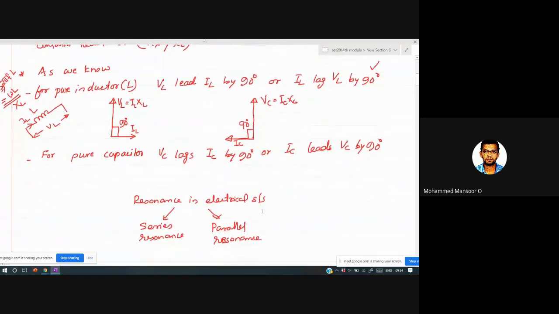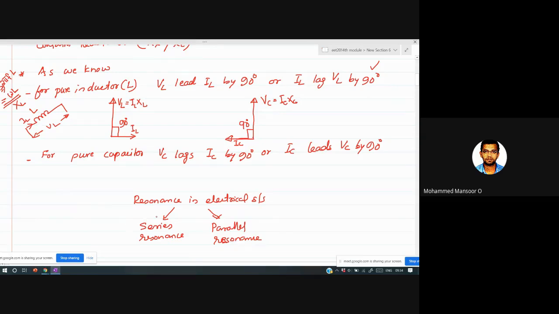So in electricals, we are talking about resonance. Resonance in an electrical system may occur in two ways. One is resonance in a series circuit, which contains resistance, inductive reactance, and capacitive reactance.